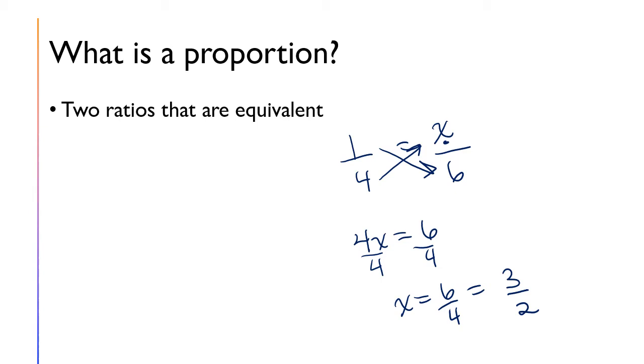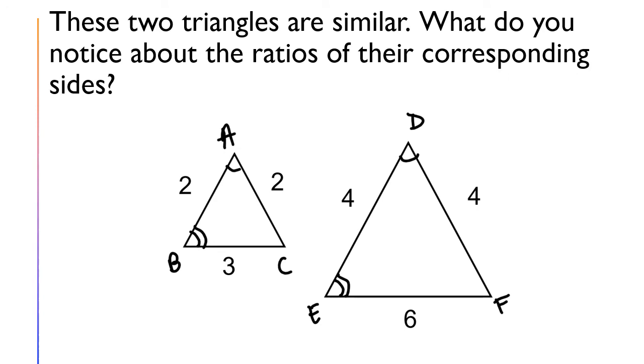And this is going to help us as we move into our next piece of what it means for two figures to be similar. These two triangles are similar. What do you notice about the ratios of their corresponding sides? So let's look at each pair of corresponding sides.